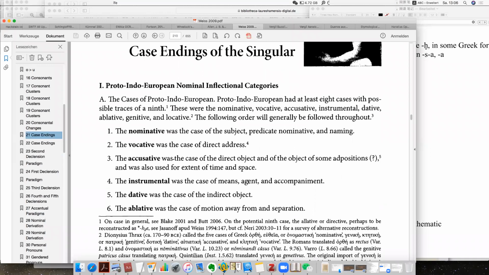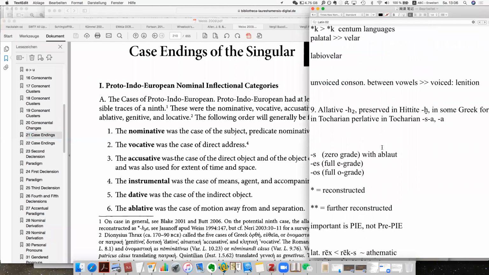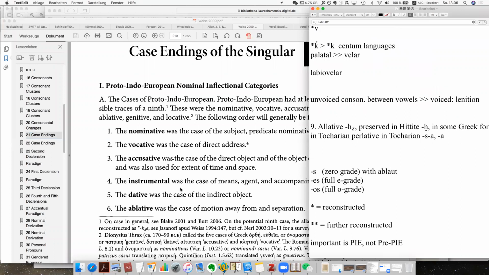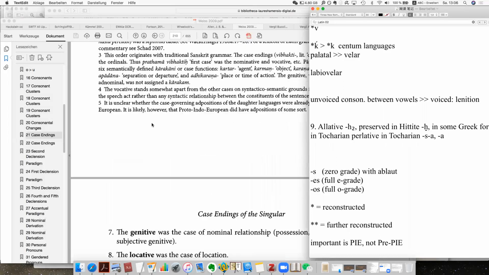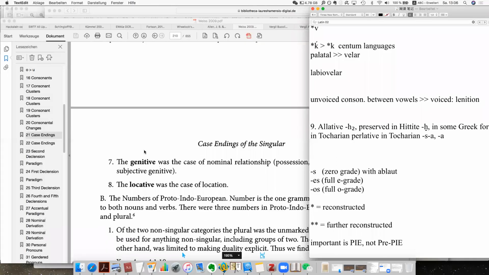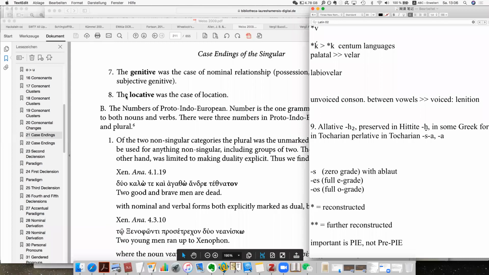We started from nouns, from nominals, and we talked about several cases in Latin. We mentioned that in Latin we have these cases: nominative, vocative, accusative, and so on, till the eighth one, called the locative.